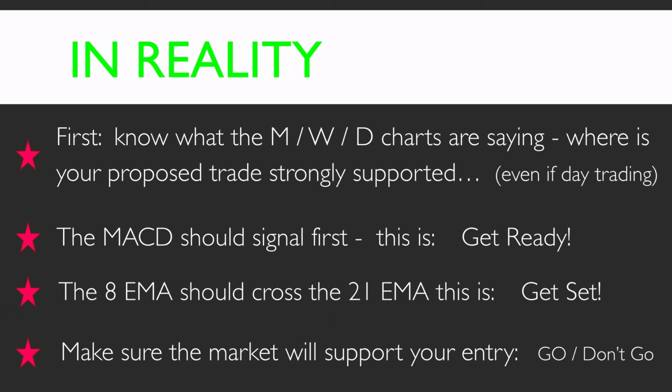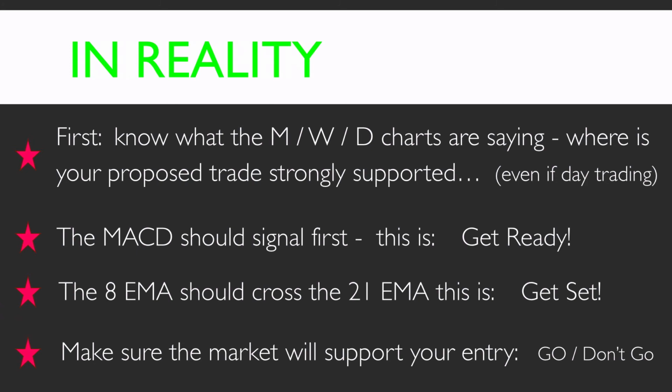And then whether you go or don't go, very often I let that be determined by whether or not the market will support my entry at that moment. In other words, if everything is set up and aligned for a long, but the market is dramatically down that day, I might wait a day. I might back off at least a half a day.